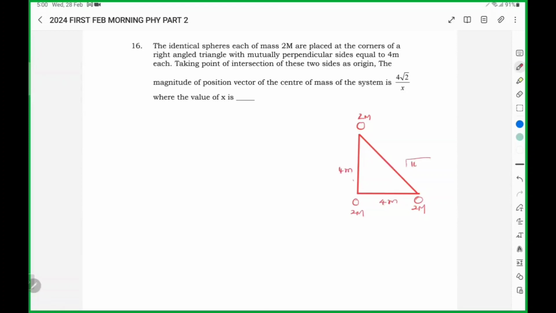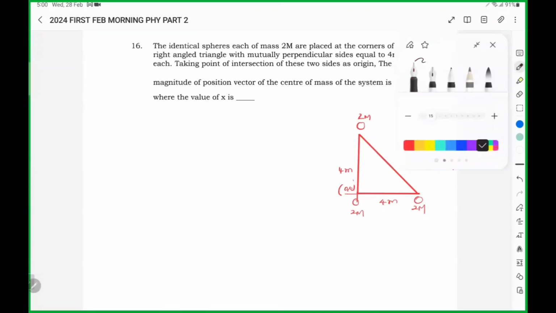The distance will be 16 plus 16, which is 4 root 2 meters. Taking the point of intersection of these lines as an origin, find the magnitude of the position of the center of mass of the system.